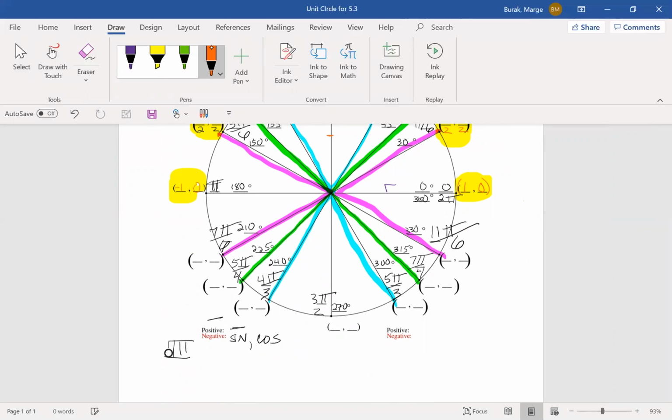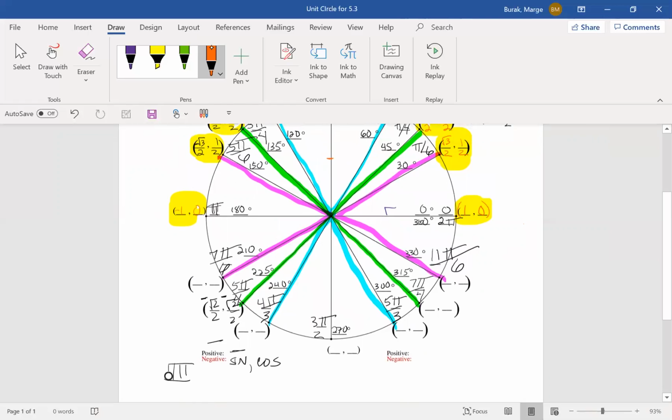So the radical 2 over 2's in the middle are both negative. And then this pi over 6 is going to be the same two numbers, square root of 3 over 2 and 1/2, but both negative. And these are just those reversed: the 1/2 comes first and then the square root of 3 over 2, but both negative.